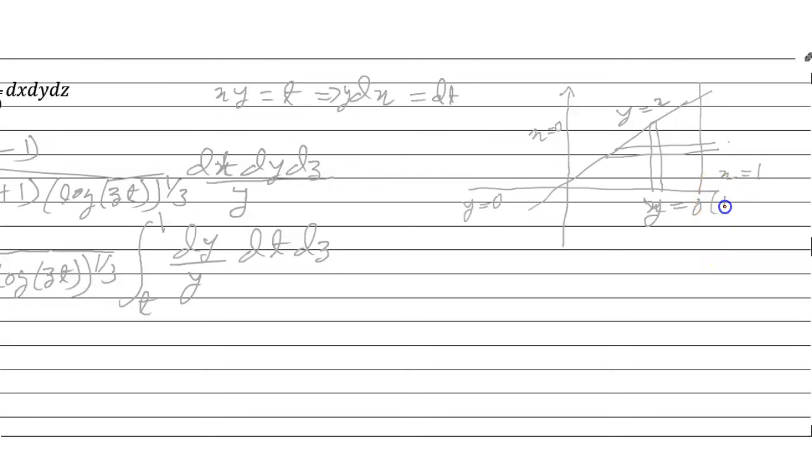This point is 1, 0, and this is 1, 1. So this way it is going, so it is changing t to 1, 1.